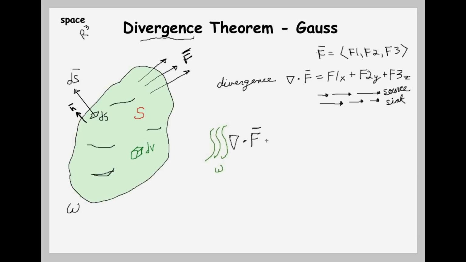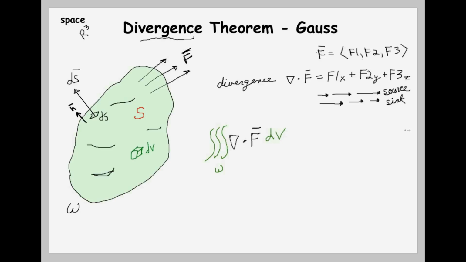This is a scalar, so there's no dot here, and the element of integration is going to be dV, which is equal to dx dy dz. So we have the integral of the derivative as before.